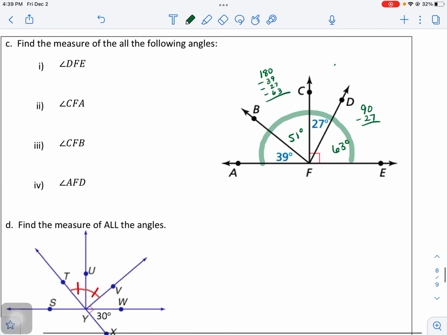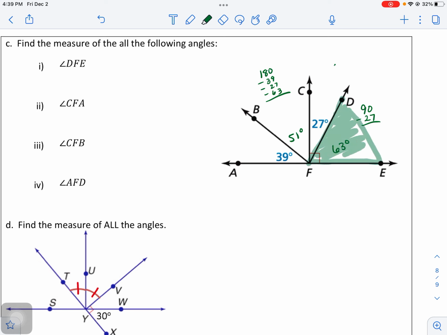Now let's go through and find what we're looking for. So it says DFE. From D to F to E is this angle right in here, and this guy is 63 degrees. Then I have CFA. These angles added together will equal 51 plus 39, which is 90 degrees.